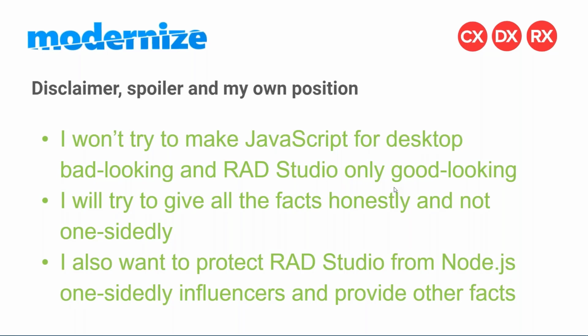I will try to give only the facts, honestly and not one-sidedly. But I have to add that from my side, I also want to protect RAD Studio from Node.js and one-sided influencers and provide other facts, because I can hear a lot of noise from JavaScript influencers, and I have to provide my point of view, our position, and our arguments.